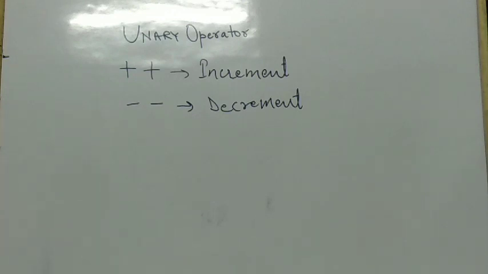Now depending upon the position of these two operators, we divide it into two parts, that is pre-increment or post-increment, pre-decrement or post-decrement. Now let's discuss how these operators work.